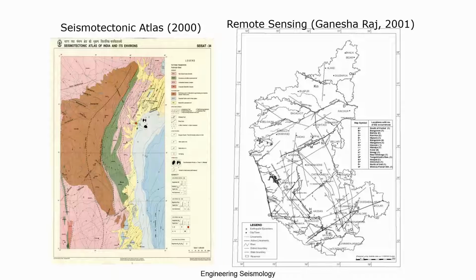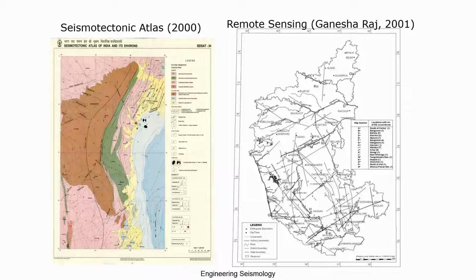Generally geologists, geophysicists and remote sensing people do these studies, as we discussed in the seismotectonics of South India. They do a lot of analysis based on the data and publish a map which shows the active seismic sources, as well as the dead seismic sources, lineaments and earthquakes.